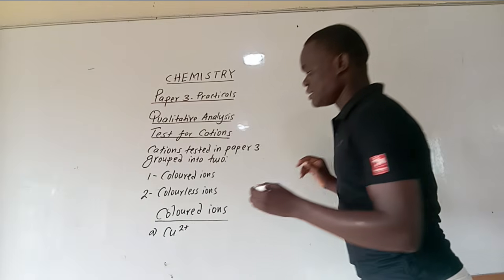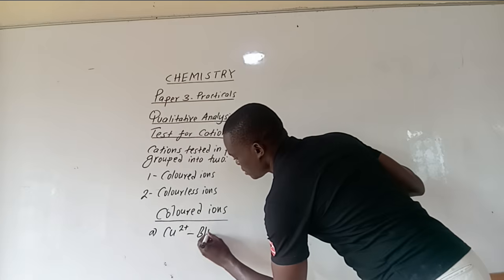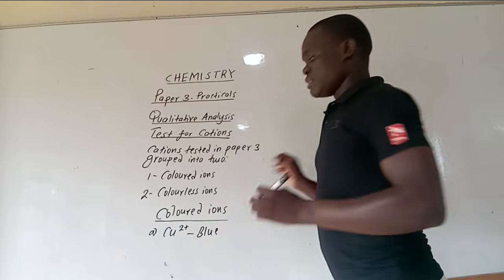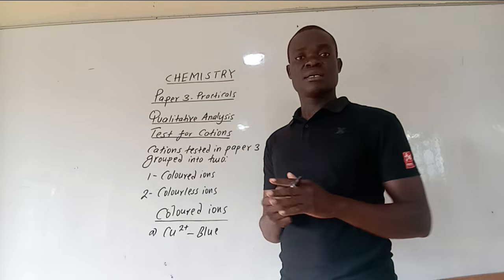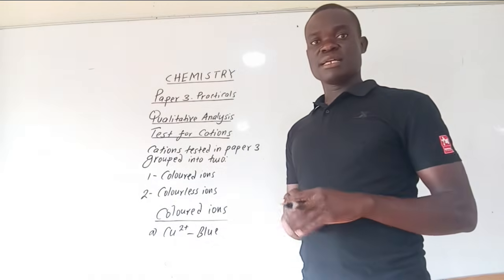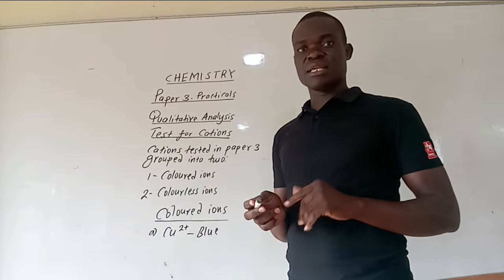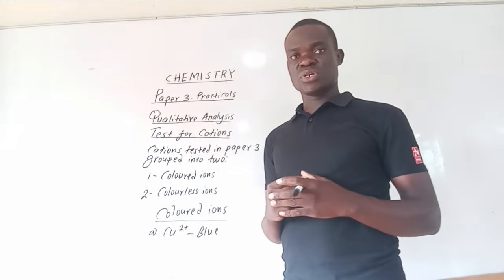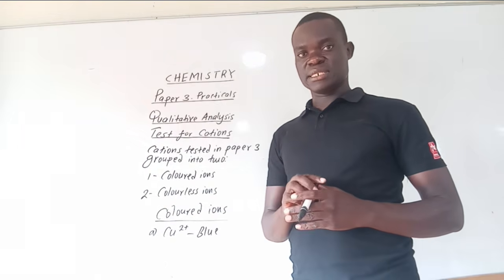Copper ion is a blue ion. If a solution contains copper ion, that solution will be blue in color. So the blue color of the solution is as a result of copper ions present.